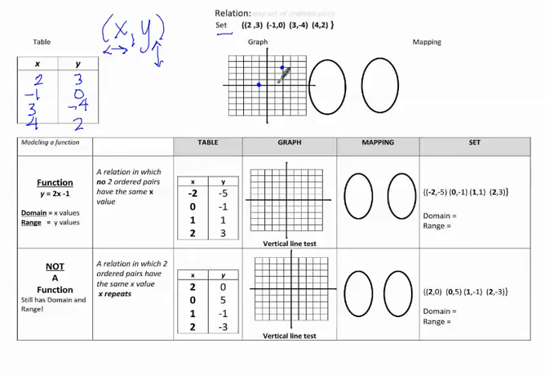The next one, right 3, down 4, and then right 4, up 2. You can use what's called a vertical line test to see if it is a function or not, and we will talk about that.